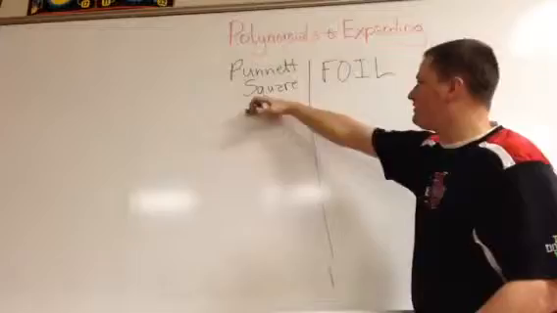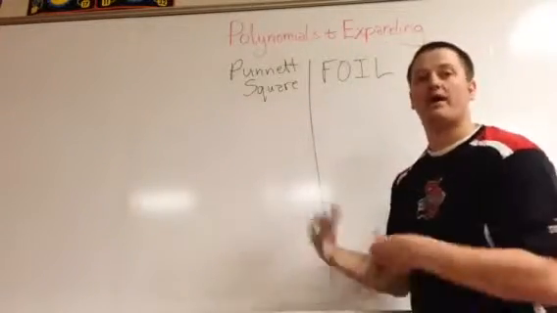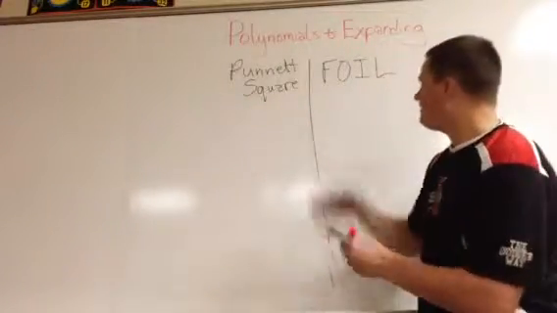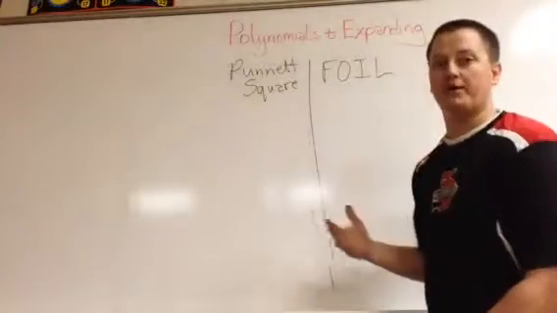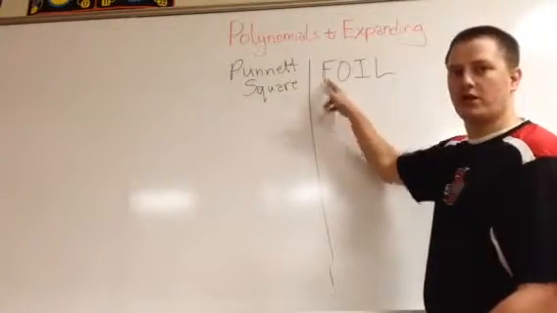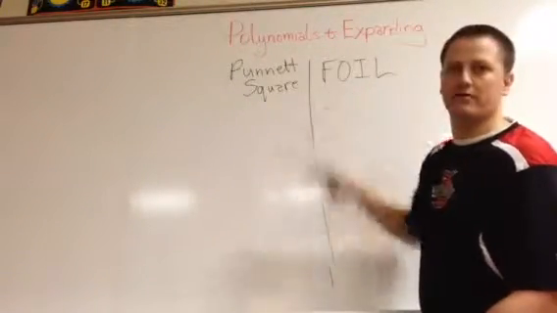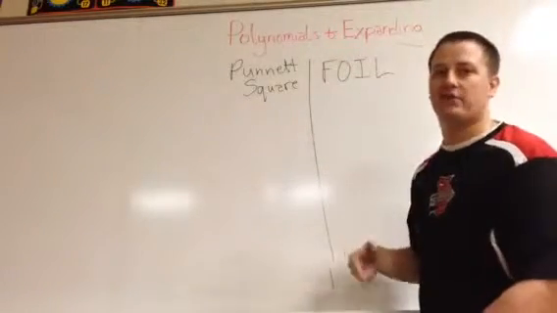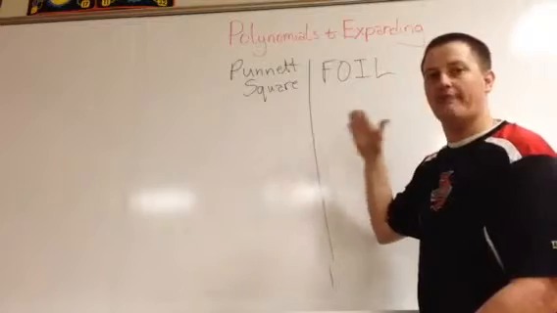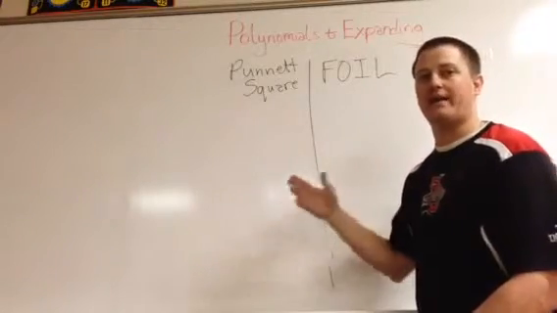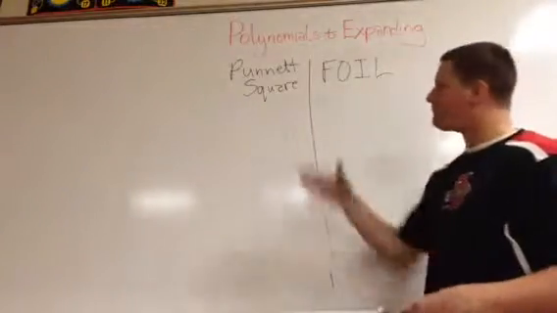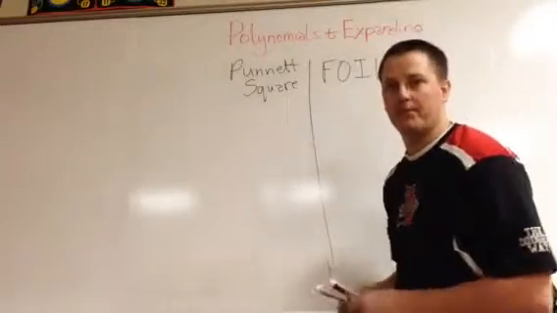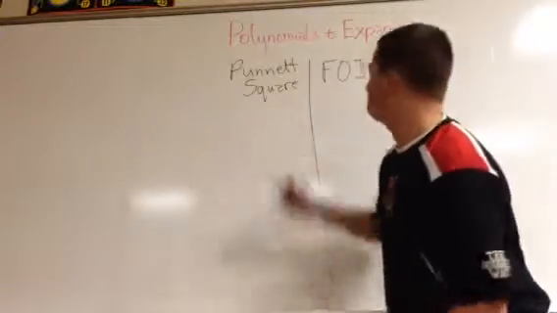We have the Punnett Square method, which is using a square to do our multiplication, and we have the FOIL method, which FOIL stands for multiply the first terms, multiply the outside terms, multiply the inside terms, and multiply the last terms. So FOIL: first, outside, inside, last. I'm going to do the same problem for both. Please follow along.